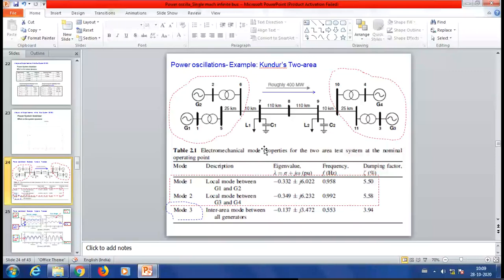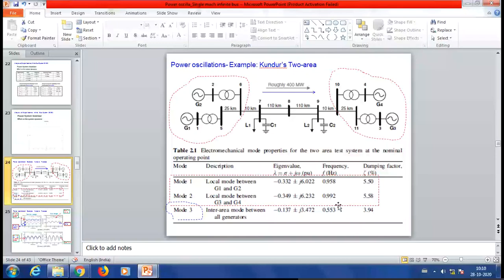If you refer to this slide, we have mode 1 and mode 2. These are local modes between the generators. And then in the two area system, we also have mode 3. That is an inter-area mode between the groups of generators, between the two areas. And we have the oscillating frequency for the local mode and for the inter-area mode.